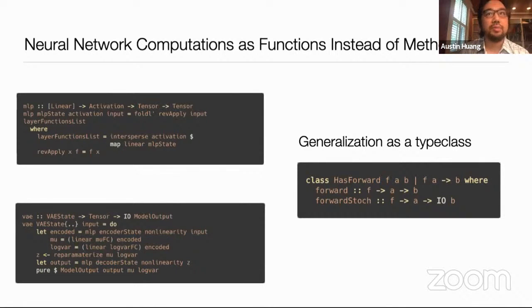The neural network computations themselves are functions that take in that parameter as a first element to be queried, right? So here are two examples, a multi-layer perceptron and a variational autoencoder. These functions are basically written so the last parameter in the output is your inference function.